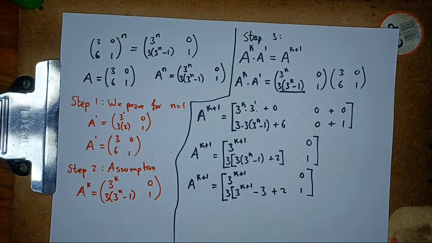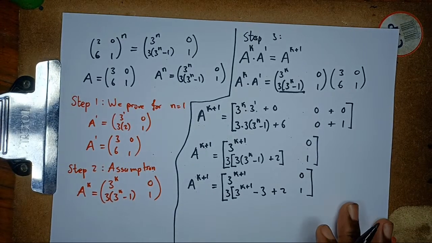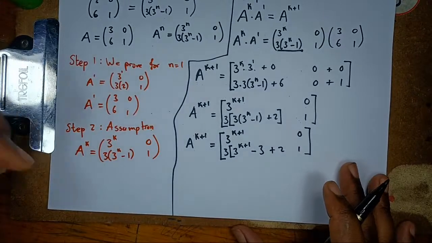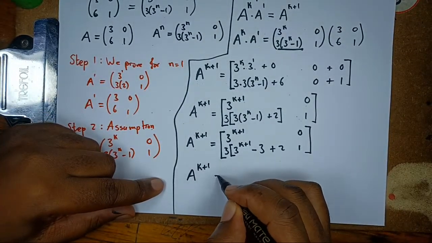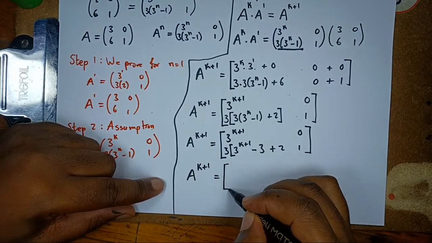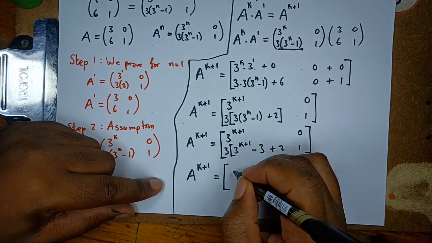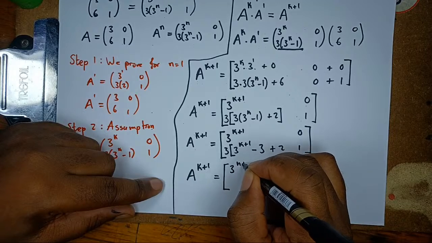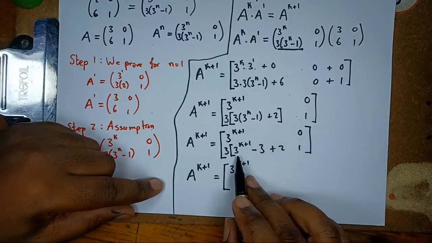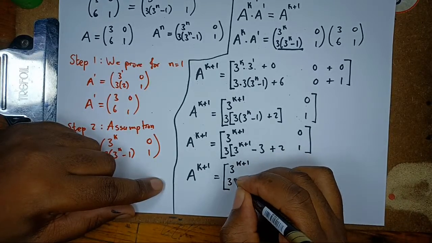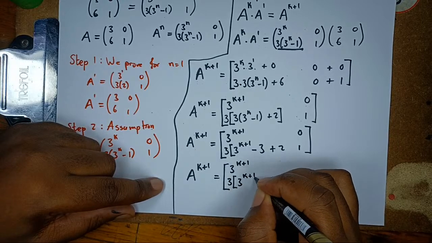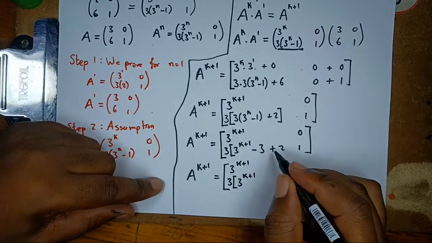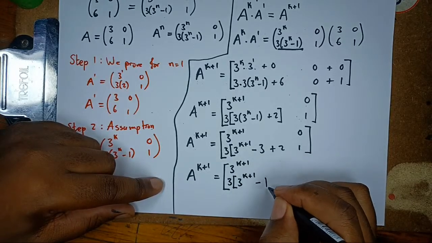Okay, our final step. Now, in our final step, this is what will happen. We have a to the k plus 1. So 3 to the k plus 1. For this part here, we have 3, then we have 3 to the power k plus 1. Negative 3 plus 2 is simply negative 1.